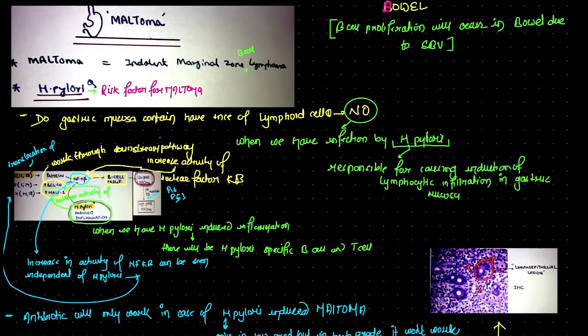We said that the gastric mucosa does not contain lymphoid cells. Now what will happen in the case of H. pylori infection? Our gastric mucosa will be infiltrated by lymphoid cells. And that is what we are going to study right now.